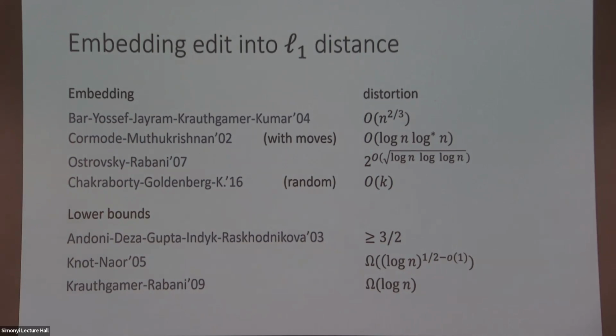This distortion, what is the length of the new string? So they have a deterministic one where the length is quasi-polynomial, but you can make it randomized, and then you get polynomial, or you can make it pretty much linear size.